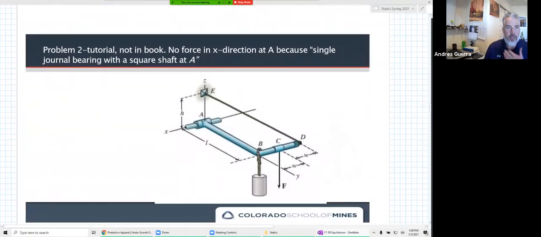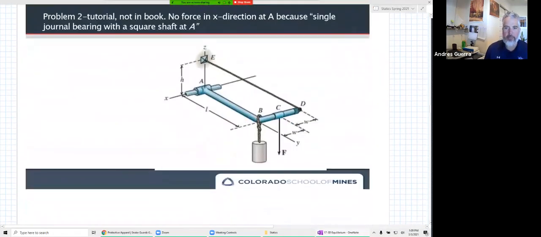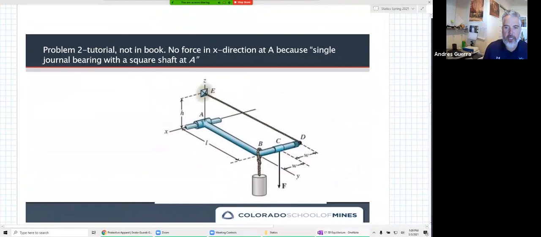Now, this one here, problem number 2, it's a tutorial, just pointing out it's not in the back of the book. This problem is in the back of the book, so you could look at the book for the numbers from the book and also see in the back of the book what the correct answers are for those numbers in the book.